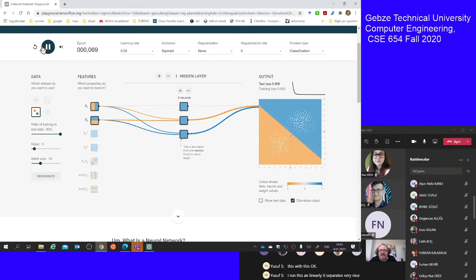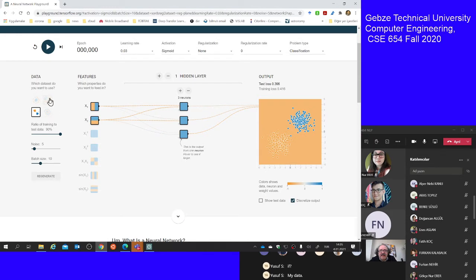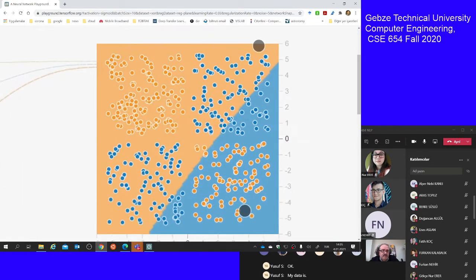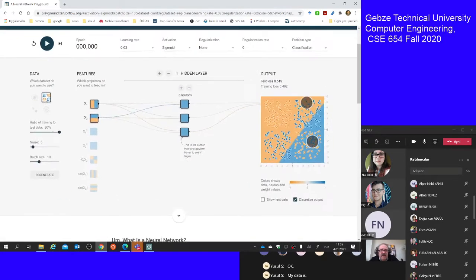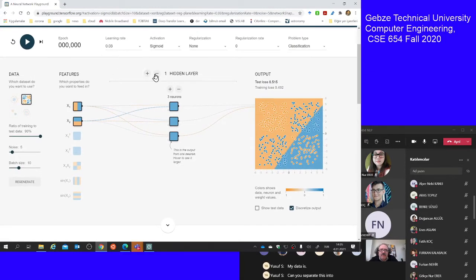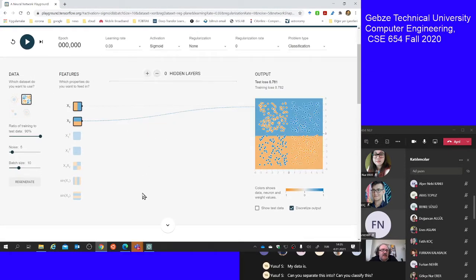It's fine. But what if my data is like that? Can you classify this using just a linear relationship?